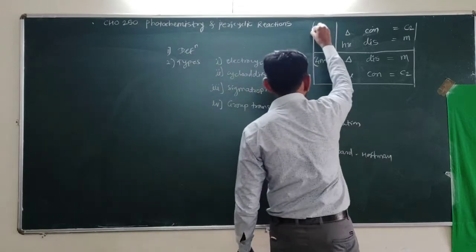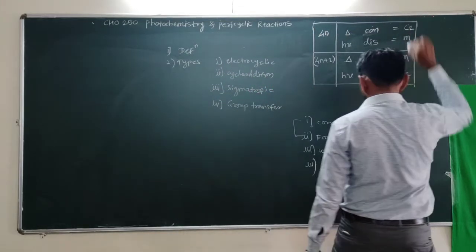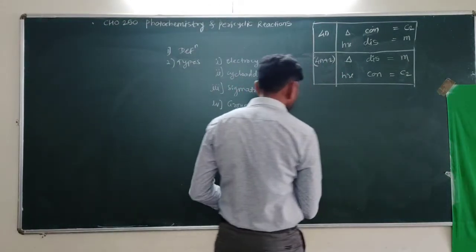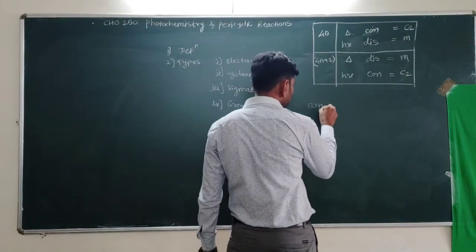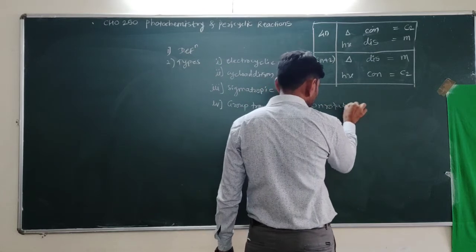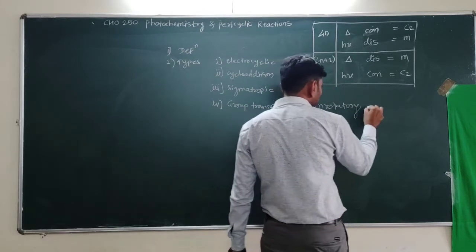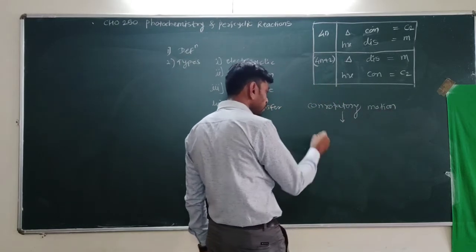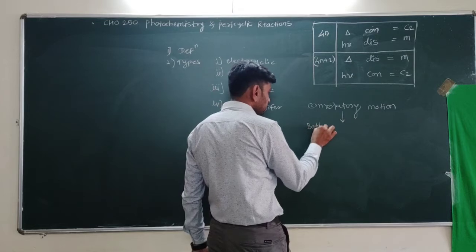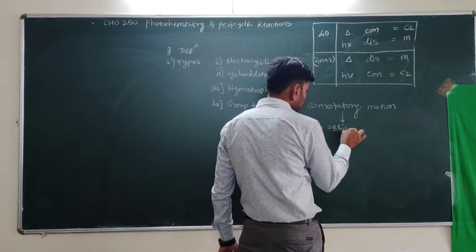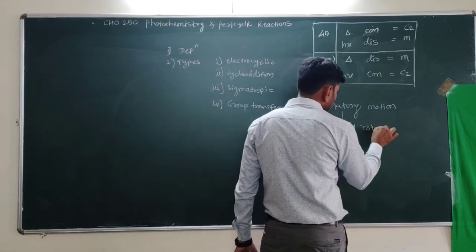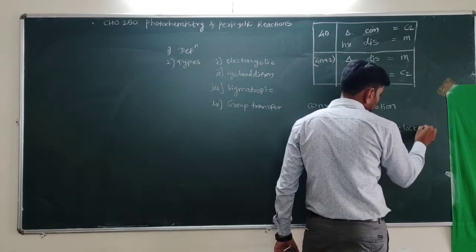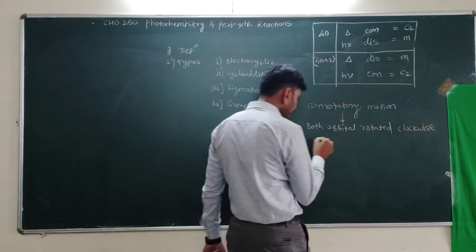So these are important selection rules, and in these selection rules there is also one important point: conrotatory motion and disrotatory motion. Remember these points also. In conrotatory motion, what could happen? Both the orbitals rotate either clockwise or anti-clockwise.